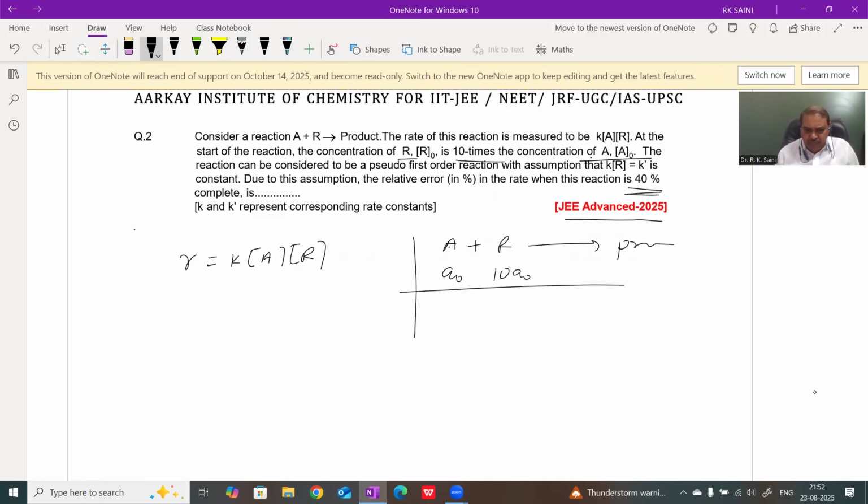the concentration of A remains A naught minus 0.4 A naught, and R is 10 A naught minus 0.4 A naught.